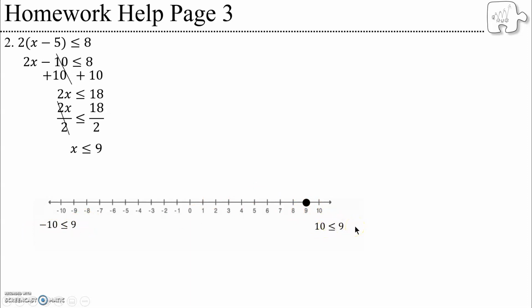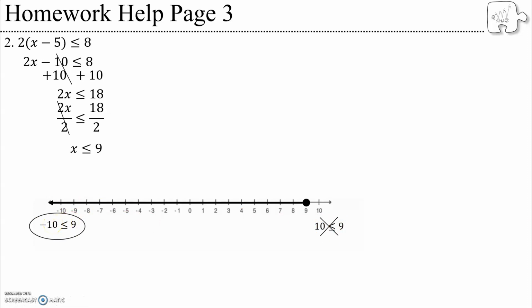And once again, if you're confused about the terminology here, just remember that it should always be the bigger number pointing to the smaller number. So to make these signs true, here the bigger number is not pointing to the smaller number. But here, the bigger number is pointing to the smaller number.